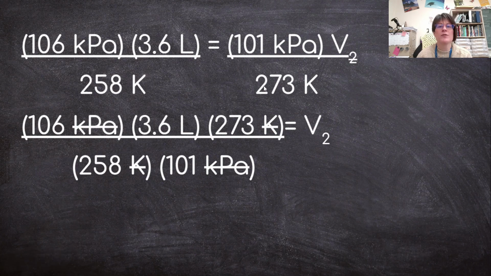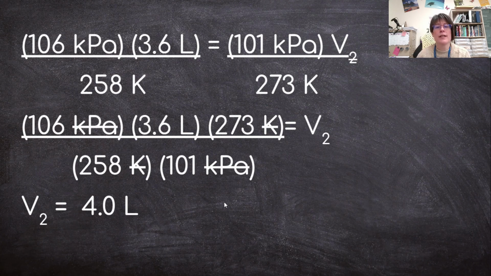I multiply both sides by 273 K and divide both sides by 101 kilopascals to rearrange to get this. Kilopascals and Kelvin cancel out to get liters. When I multiply across the top and divide by what's on the bottom, I get a volume of 4 liters. So that is the combined gas law.